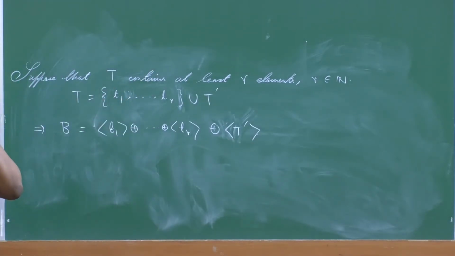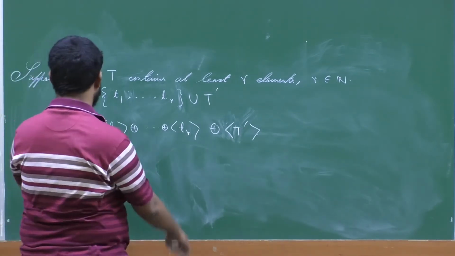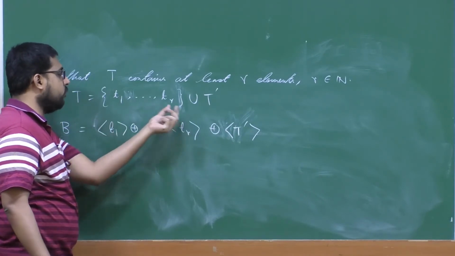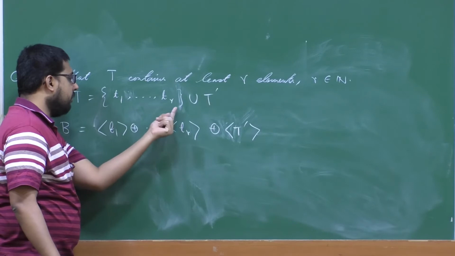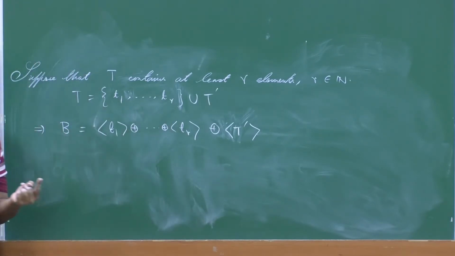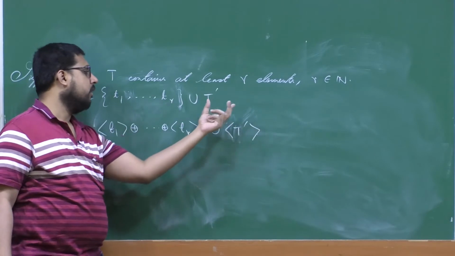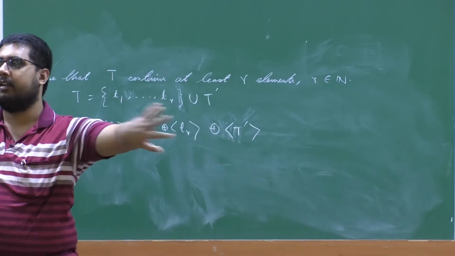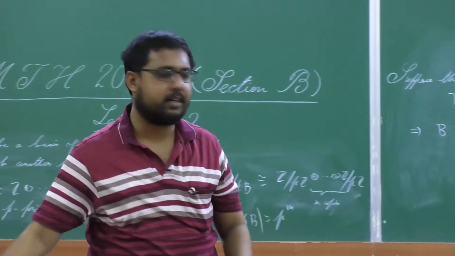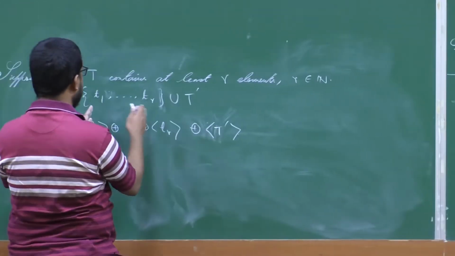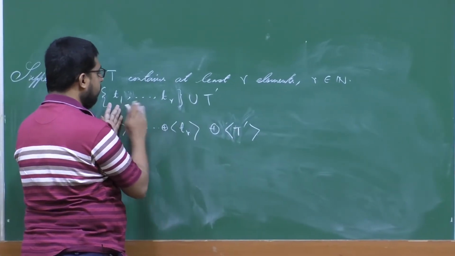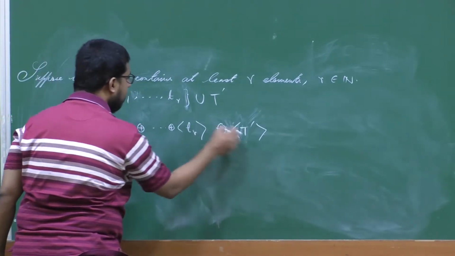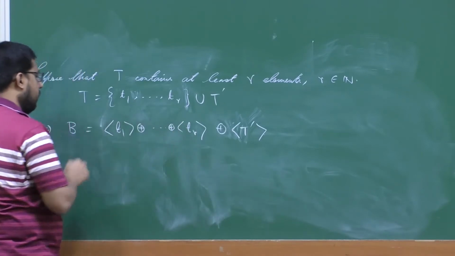This part is pretty obvious, because when you write an element as a combination of these basis elements, some of the coefficients of t1 up to tr might be 0, and then there might be a combination of elements from T'. So, break the sum into two parts. In the first part, we have terms containing t1 up to tr only, and there will be the rest. So, the rest belongs here, and the first part belongs here.